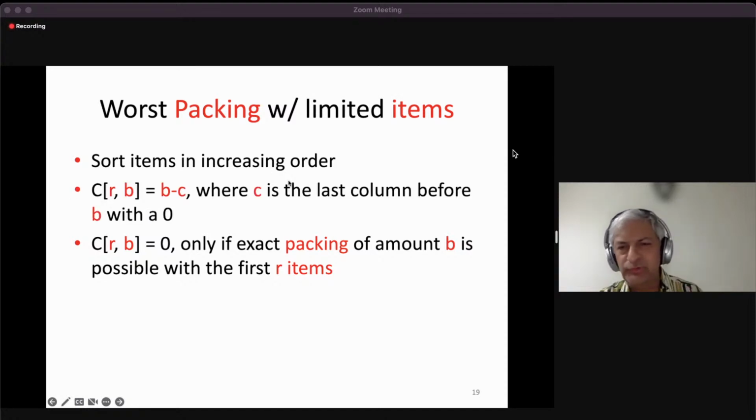So we're going to sort the items in increasing order. And remember, earlier we were only writing zeros and we were not filling up the other entries. For this version, we are actually going to fill up those entries as well. Starting from a 0, it'll start increasing 1, 2, 3, 4, 5, because that number will tell you the distance from the last 0, right?